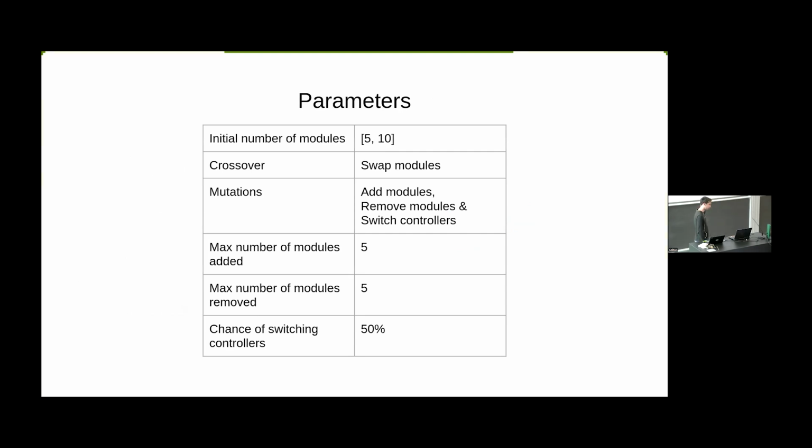I talked about what the crossover was. The initial number of modules is between 5 and 10. The 3 mutations are to add modules, remove modules, or switch controllers. There's a maximum number of modules added during mutation of 5, as well as removed. And when switching controllers, per hinge, it will have a 50% chance of switching controllers.